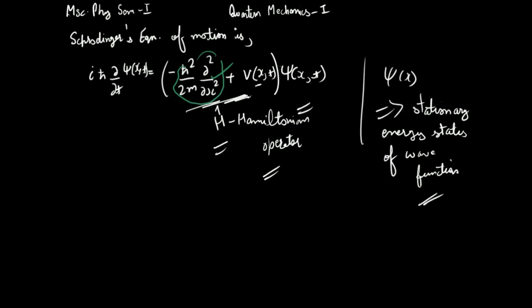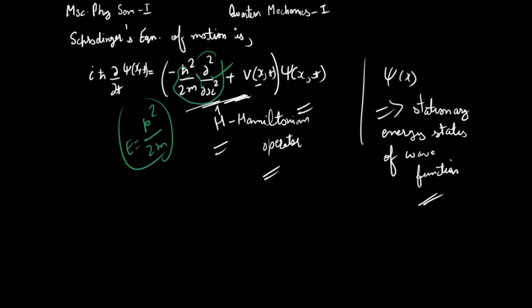is actually p square upon 2m, where p is the momentum operator, which is curly by curly x. The thing that is changing is the curly by curly x in p. So this term is the momentum operator, and the momentum square divided by 2m is actually energy.